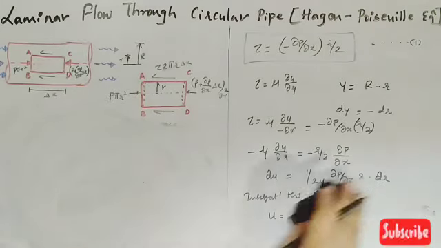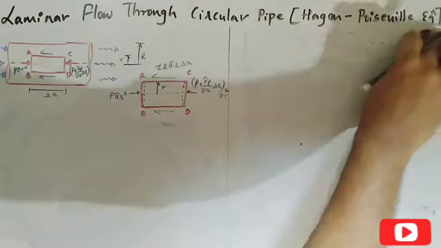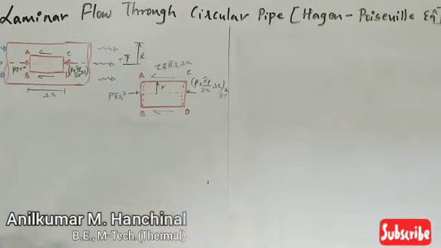Now we have identified the shear stress as well as the velocity for laminar flow in a circular pipe. The next very important step is integrating the above equation.